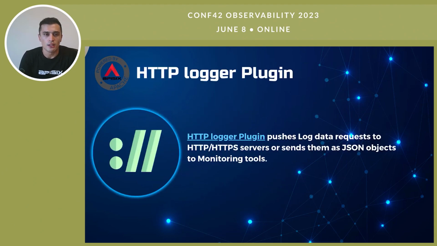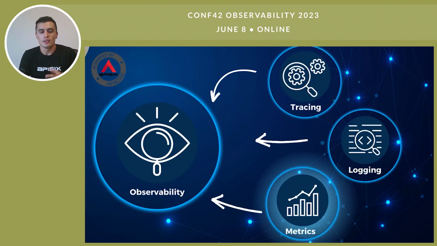For example, the HTTP logger plugin is, as I said, capable of pushing log data requests to HTTP or HTTPS servers in a JSON format, or it can also send these JSON files to monitoring tools. We will look at these monitoring tools later on.